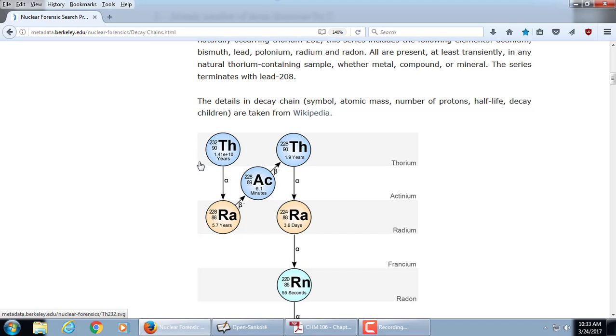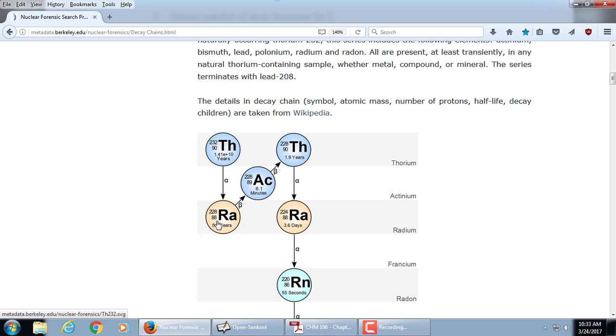Just as an example, thorium-232, which is atomic number 90, if it undergoes alpha decay, it becomes radium, which is atomic number 88, and it loses a mass of 4, so it goes from 232 to 228. It can now undergo a beta decay, which, remember, is a loss of an electron from the nucleus as a neutron decays.